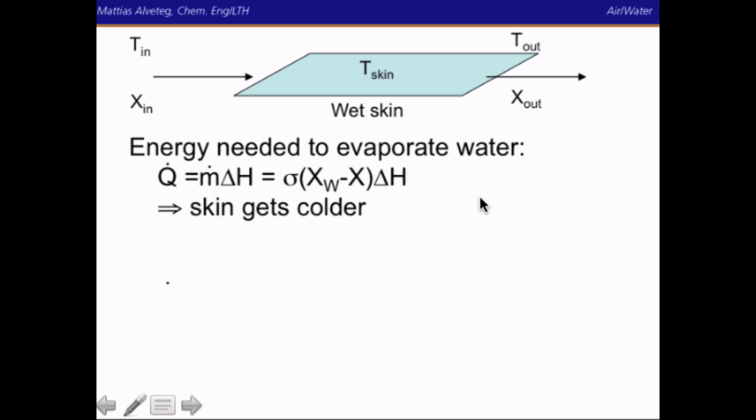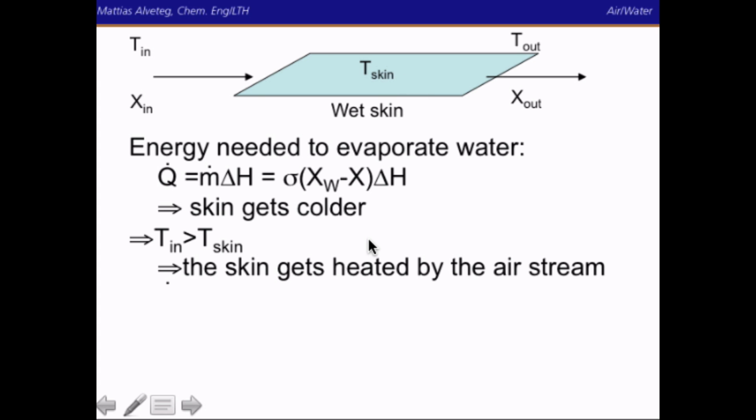Well, when the skin gets colder, then the temperature of the air here will be larger than the temperature of the skin, right? So that means that there must be a flow of energy from the air to the skin. So the skin gets heated by the airstream.